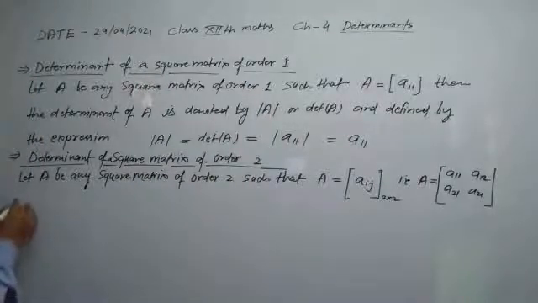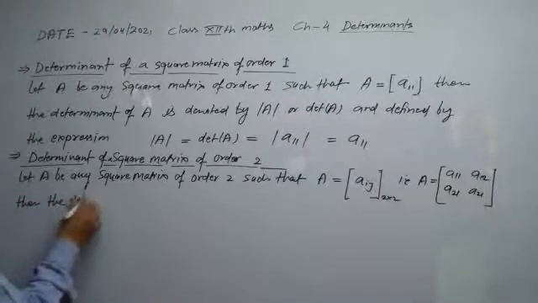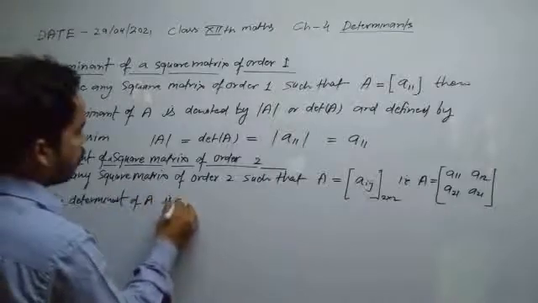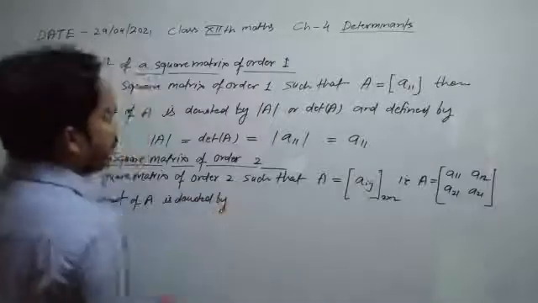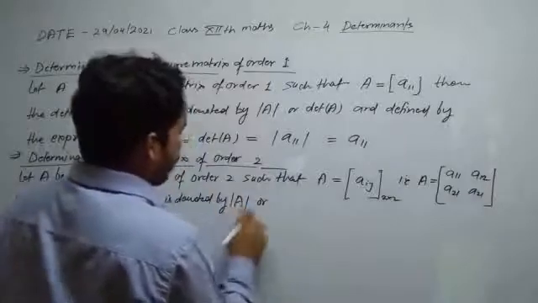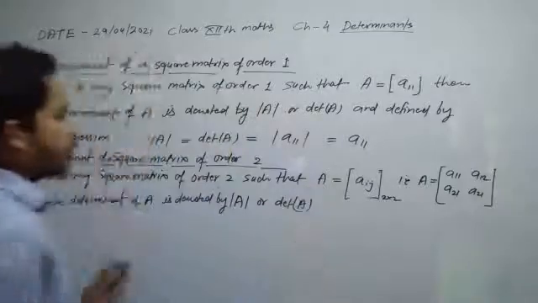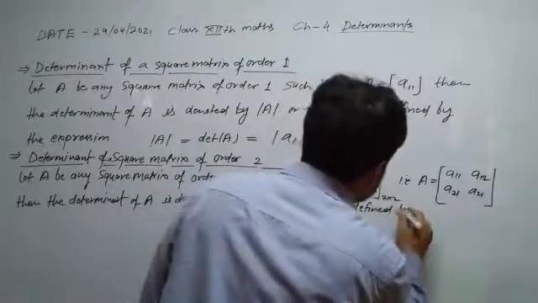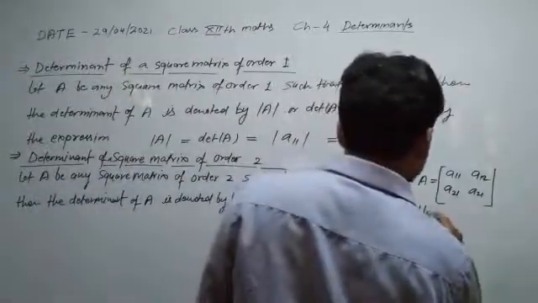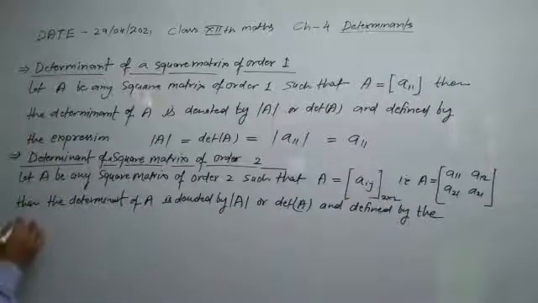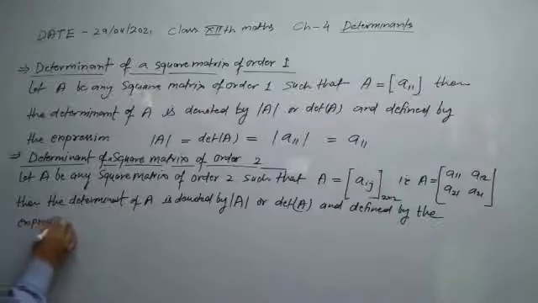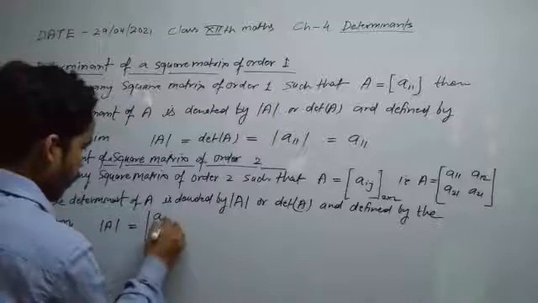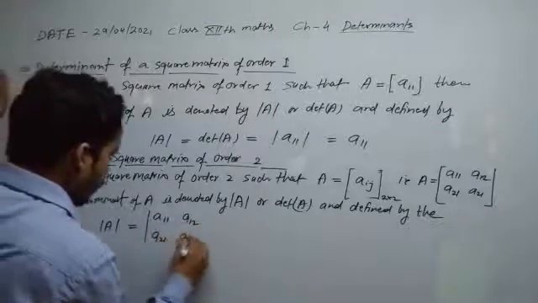Then the determinant of A is denoted by determinant of A or det of A and defined by the expression A11, A12, A21, A22.